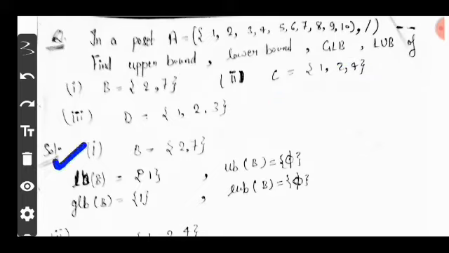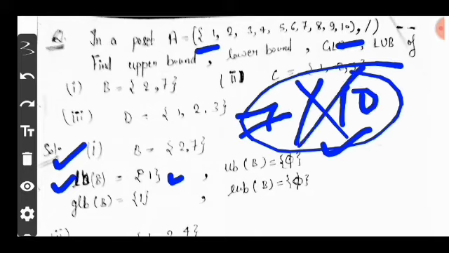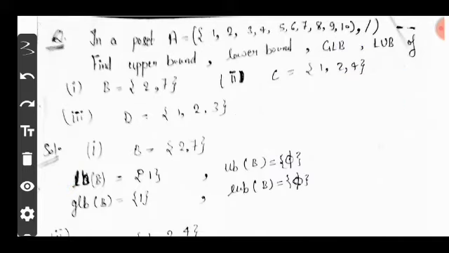Solution of first: the lower bound of B is 1 because 1 is an element of poset A which precedes and is the smallest of the set. The upper bound of B is 5 because 2 is divisible by 10 but 7 is not divisible by 10.